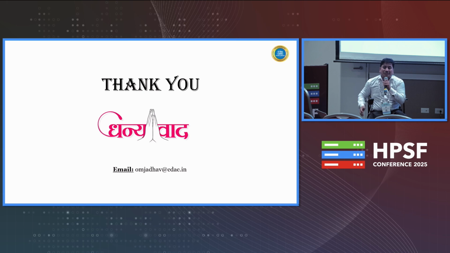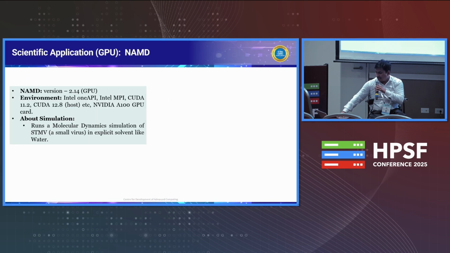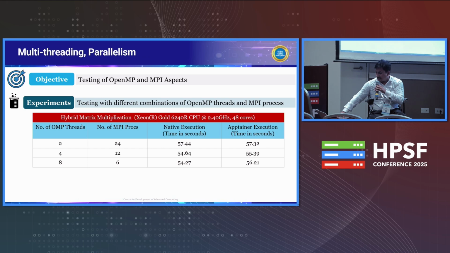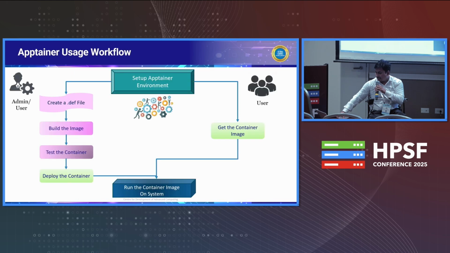A very nice question. With respect to Docker versus Singularity, the very basic difference is that Apptainer lets you bind the host MPI, so you don't need to rebuild the Apptainer image on the host system. As I was showing in the very first slide, let me go back.